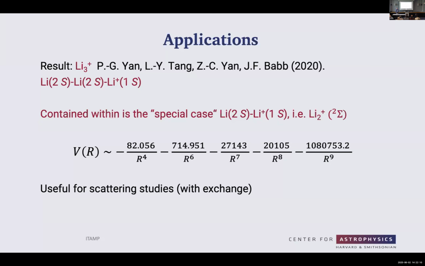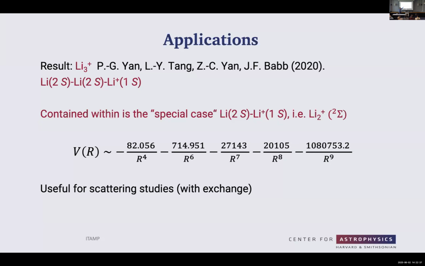That's Li2+ doublet sigma, to you chemists or molecular physicists out there. And here's what we get. We get a nice expression for V of R all the way up to order R to the 9th. You recognize some of the terms. Leading off is the induction, or the interaction between the polarizability of lithium and the charge of the ion.